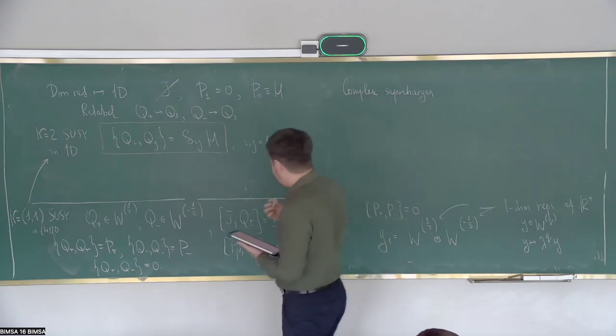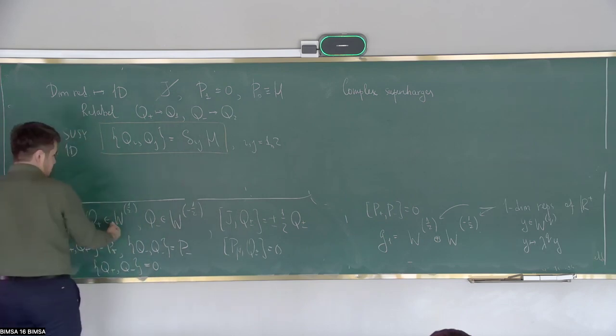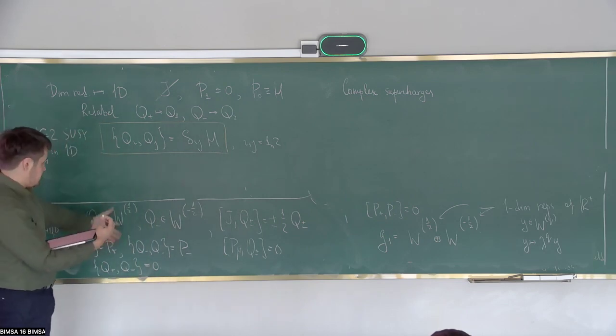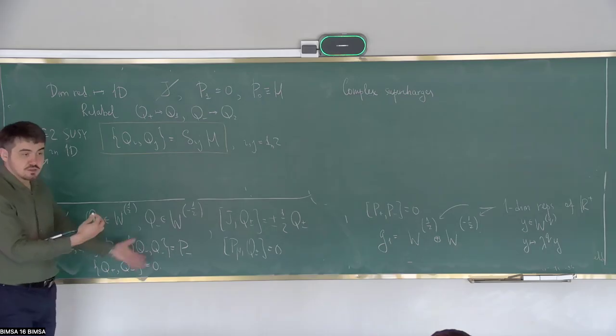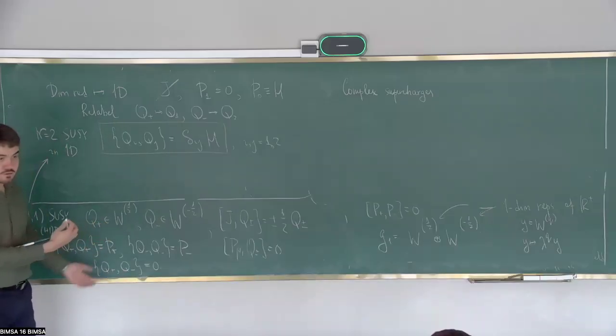Here it's assumed, of course, that, for example, in 2 dimensions, all of these generators are represented on some Hilbert space of your 2-dimensional field theory as Hermitian operators.